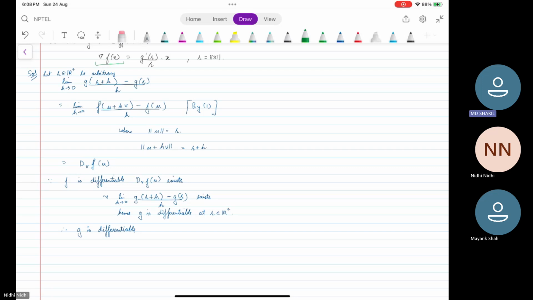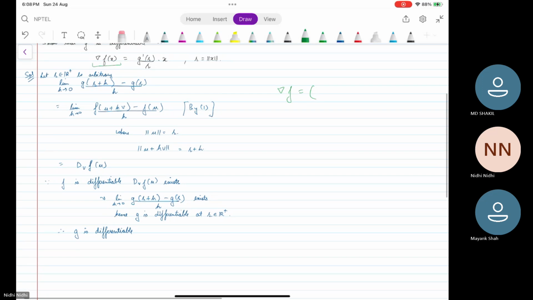Gradient is a vector quantity, no? Exactly, it is a vector. And how are its components defined? Del f by del x1, and so on, the corresponding partial derivatives. Yes, something like this.